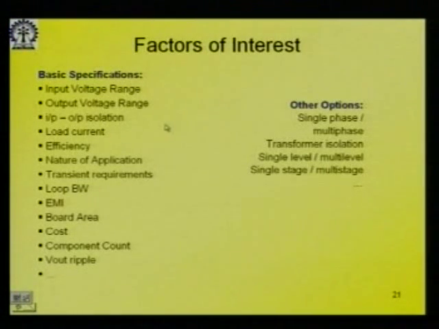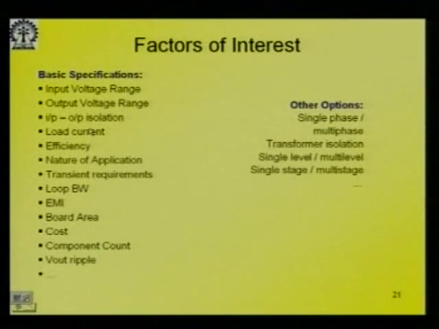The circuits that we have shown do not have any isolation; in fact they are electrically connected, but sometimes we may have a need for isolation, so we need a transformer or something in between. Then load current requirements. We do not need to understand all this at this moment, but the issues are being listed out, all in one place.